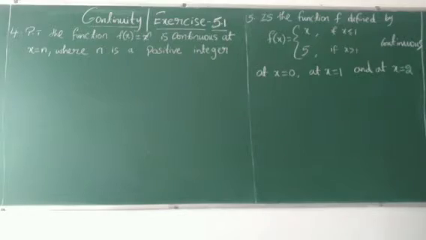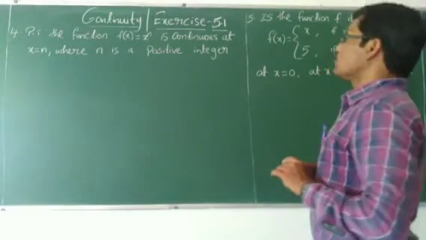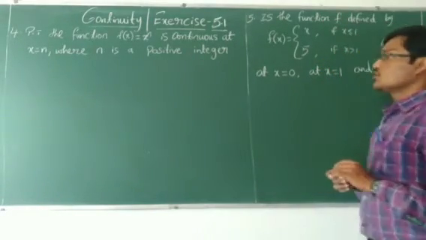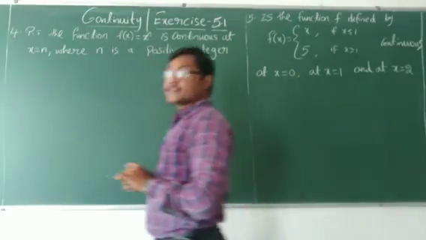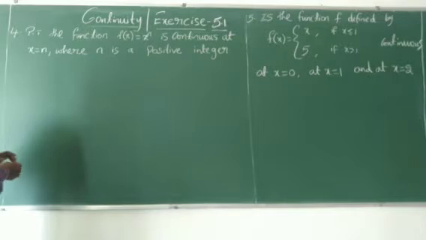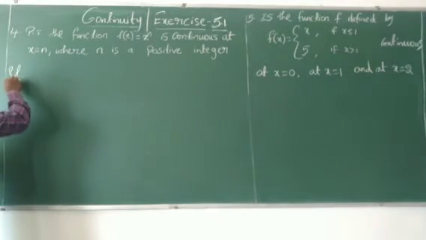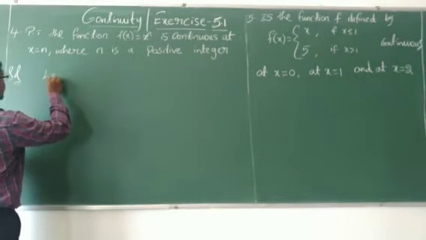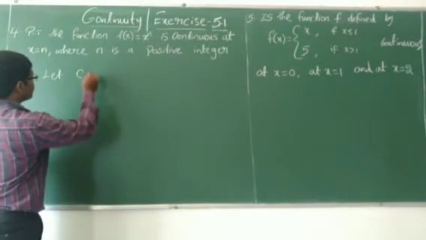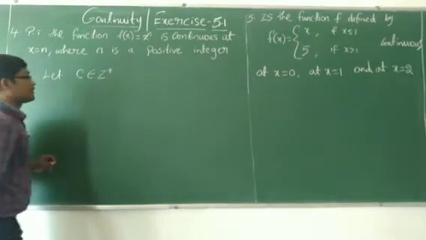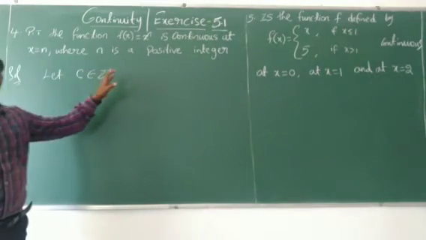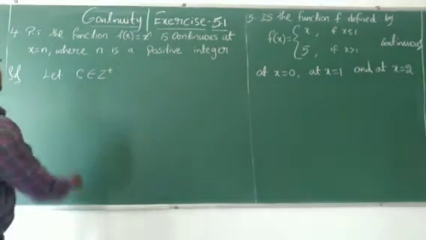Next question. Prove that the function f of x equal to x power n is continuous at x equal to 1, where n is a positive integer. Very simple one. Let c belong to Z plus, any positive integer.